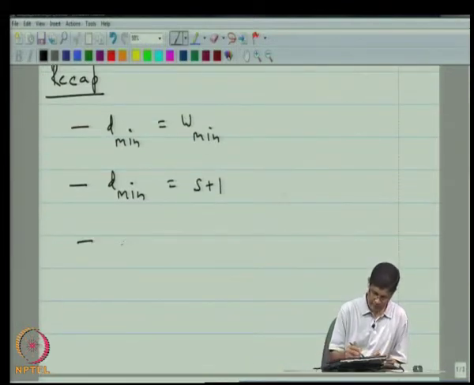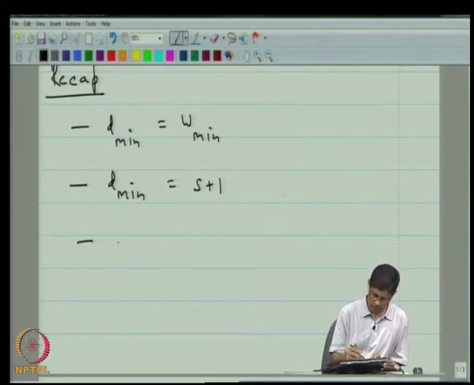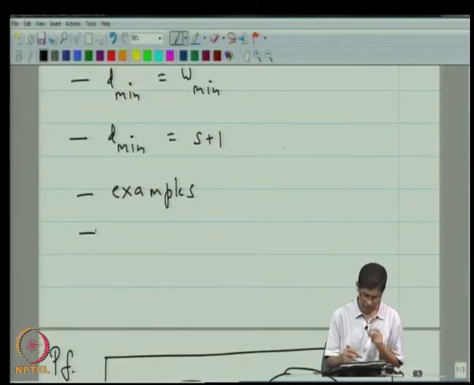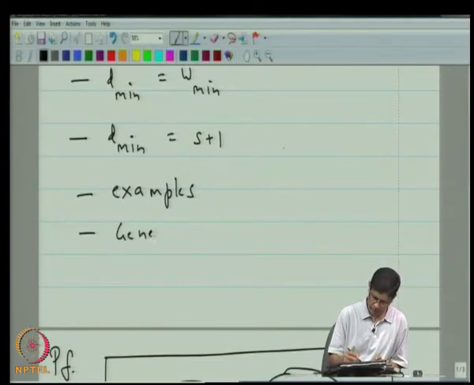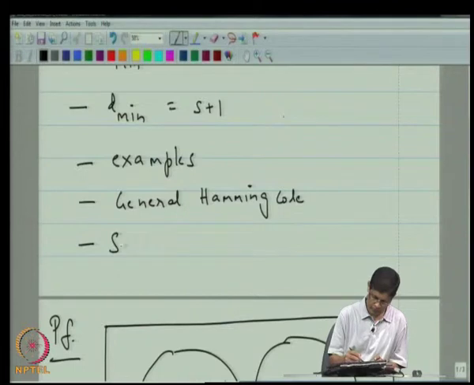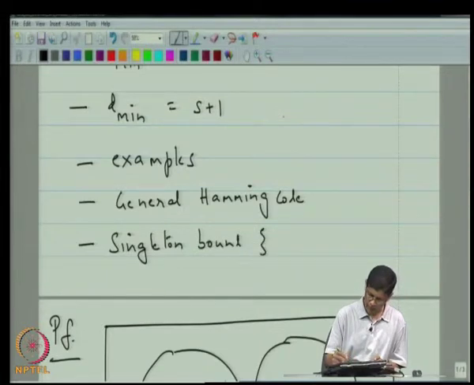We looked at examples, of course, and we went on to talk about the general Hamming code, and we talked about the singleton bound, and MDS codes.